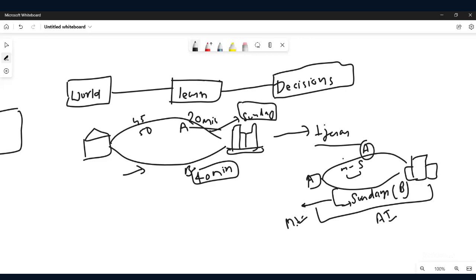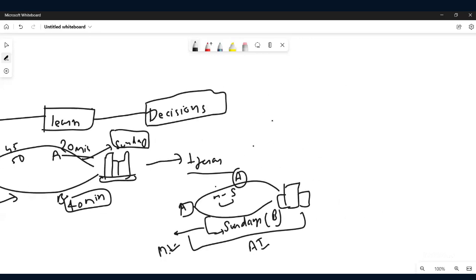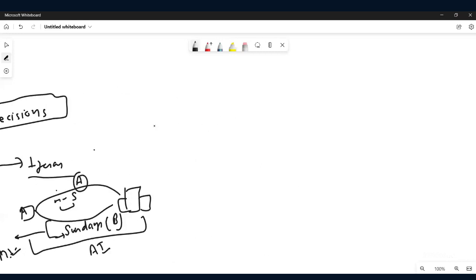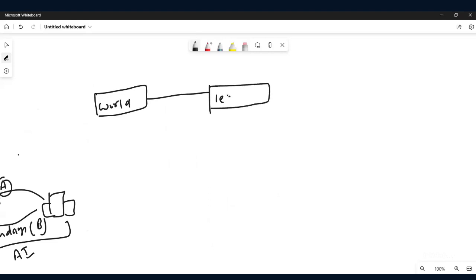Let's take one more example over here. So अगर अब मैं वापस से ड्रॉ करूं हमारा इनिशियल डायग्राम, so we are part of this world, then we did a lot of learning, and now we are making smart decisions.